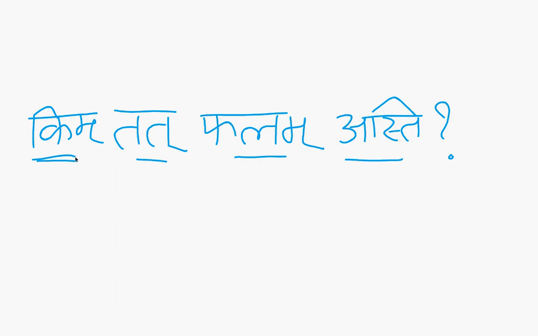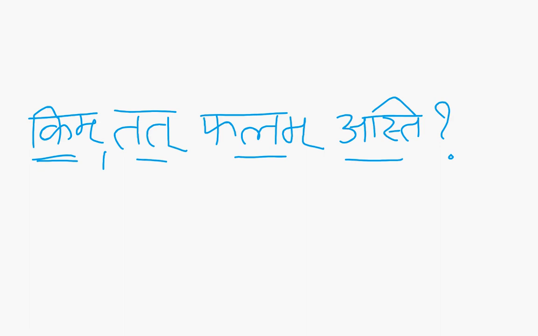But if I change the tone, Kim Tat Phalam asti, then the meaning changes. Is it a fruit? Kim Tat Phalam asti. What fruit is that? Kim Tat Phalam asti. So here, after Kim, there is a little bit of a pause. You can feel that. What? Is it a fruit? Like that, asking like that. Is it a fruit? Kim Tat Phalam asti.